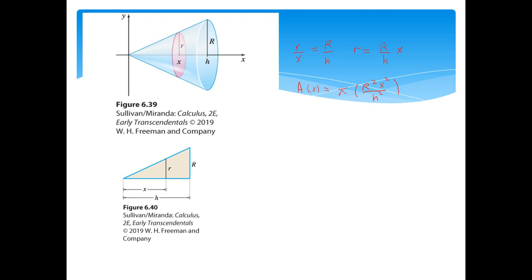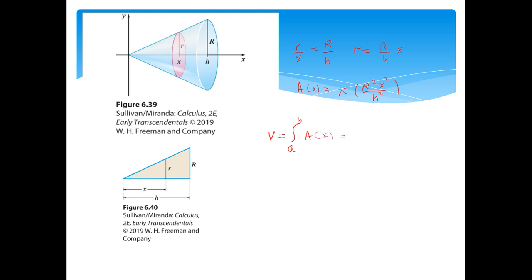Now, in order to find a volume using the slicing method, all I need is these A of x, and then I can integrate A of x to find the whole volume of the solid. The integral from a to b of A of x.